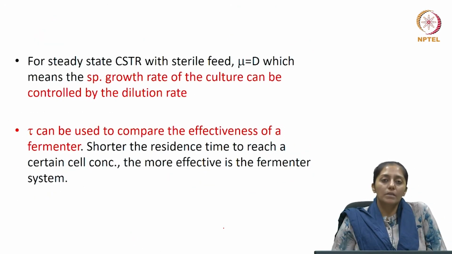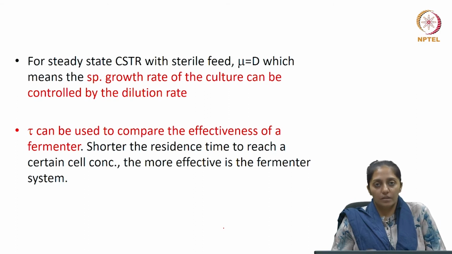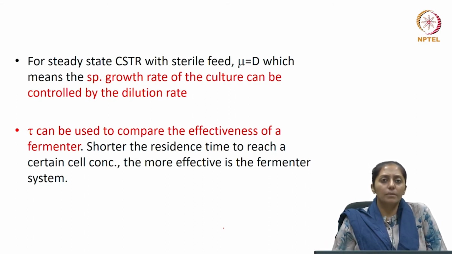Because the specific growth rate can be controlled by manipulating the dilution rate, the residence times or the dilution rates can be used to compare the effectiveness of fermenters. For maximum productivities, the shorter the residence time to reach the desired cell mass concentration, the more effective the fermenter will be, right.